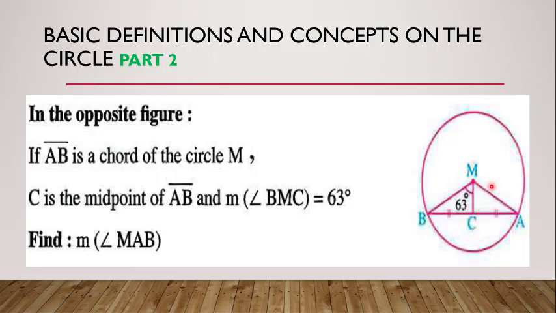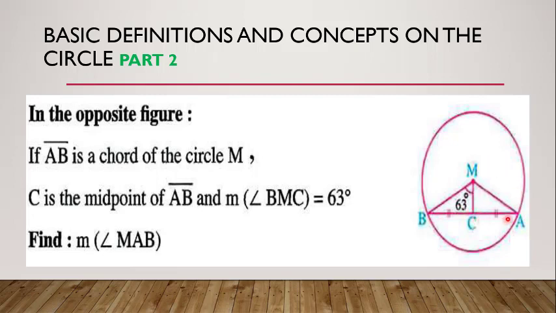So MAC and MBC are two right angled triangles. The hypotenuse here equals the hypotenuse here because MA and MB are radii in the same circle, and CA equals CB, and this is given. So here we have right angle triangle, hypotenuse, and side.